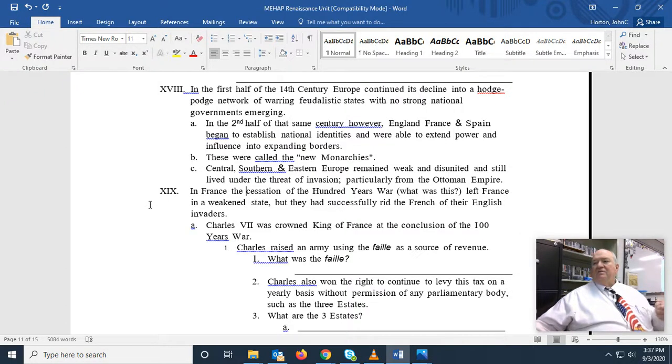Who is Joan of Arc? Joan of Arc, in your writing, is the patron saint of France. Yeah. Most European countries have a patron saint.